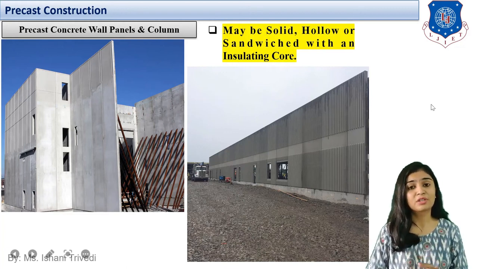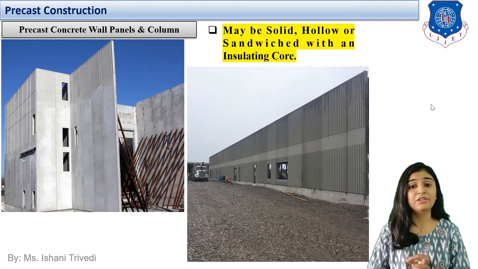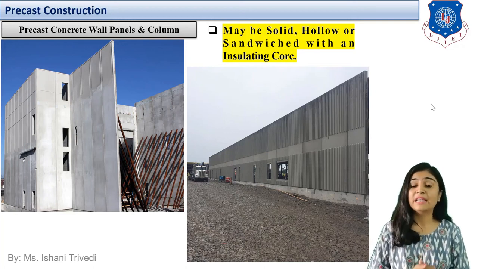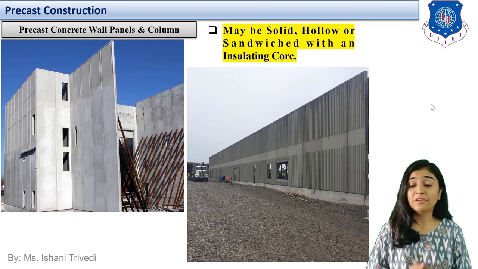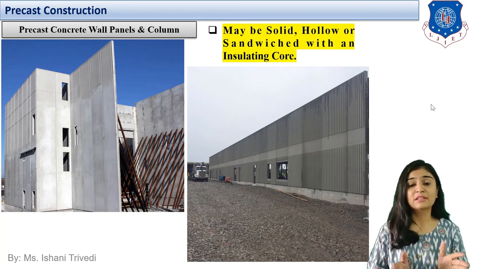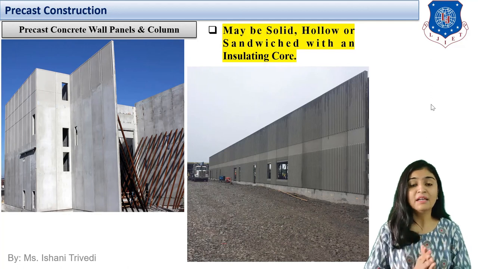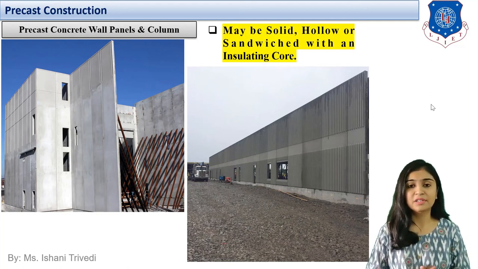Now, the insulating core comes into the picture when you are talking about thermal insulation or sound insulation or any kind of resistance you want to provide in a building, if you want to insulate it, or if you want to make it, say, even water resistant. In such cases the walls are given a barrier or insulating material in between. It is sandwiched between two panels, and that is how your construction will be done.